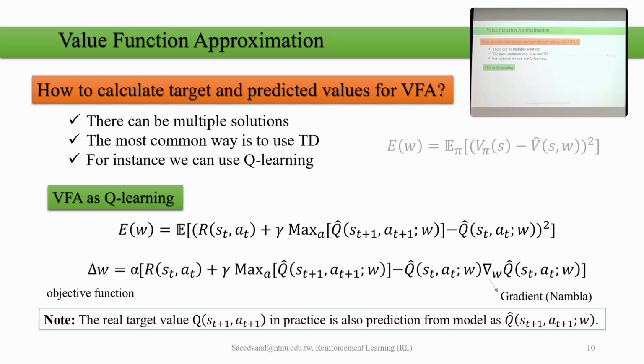So if we want to write value function approximation as Q-learning, we will have an equation like this. What is this equation? We are writing the loss of W as an expectation. The function here is exactly the Bellman equation, except we added W weights.